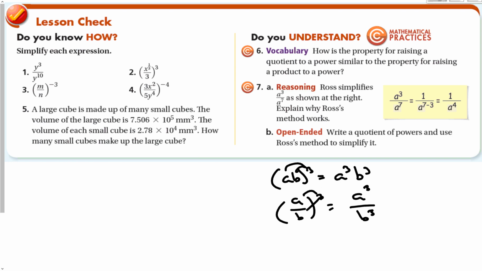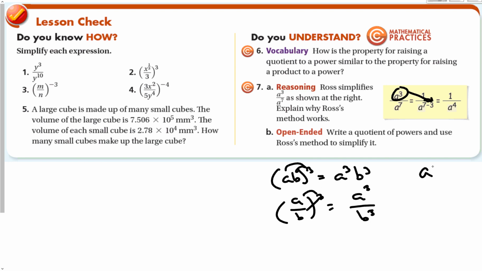Ross simplified a to the third over a to the seventh as shown. Not correct. You take the numerator minus the denominator. Okay, and so this would give you, oh, that does actually work. Okay, so why does it work? Because you're taking this, bringing it to the bottom of a fraction.